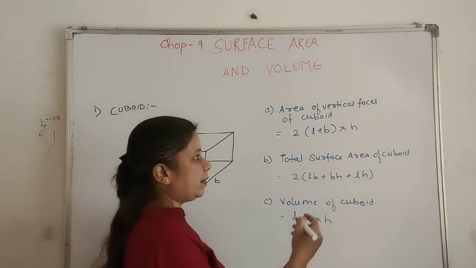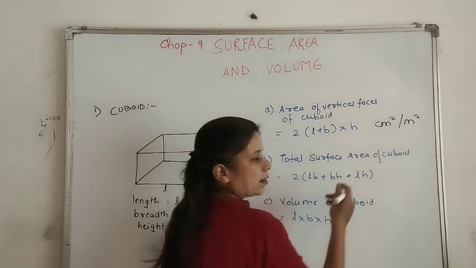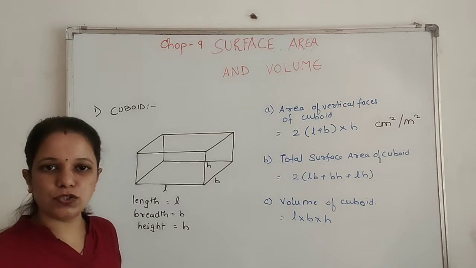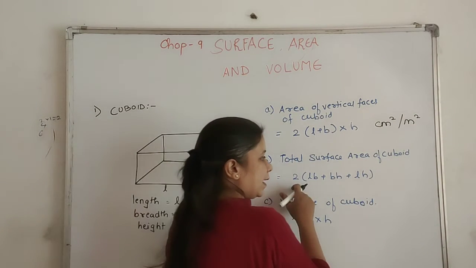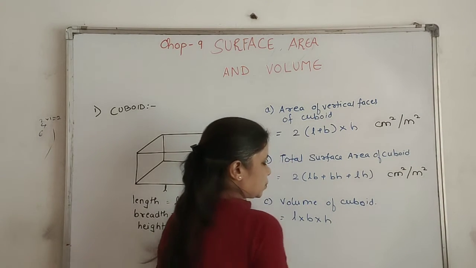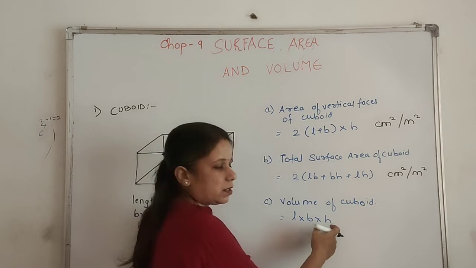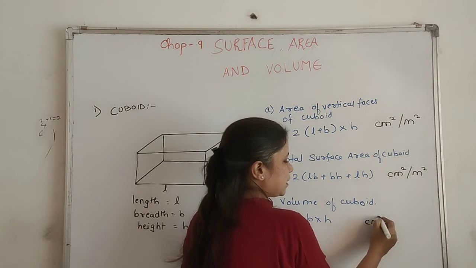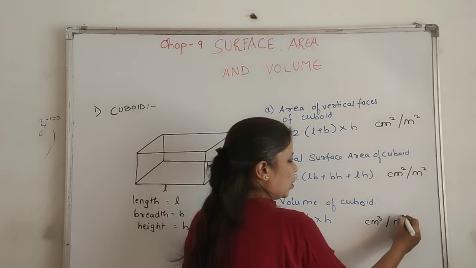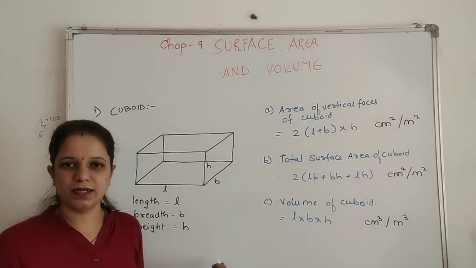So units will be centimeter square or meter square, as the dimensions are given to you. Again this is an area. So centimeter square or meter square. And this is volume, multiplication of 3 quantities. So the unit will be centimeter cube or meter cube. Chalo, take it down quickly.